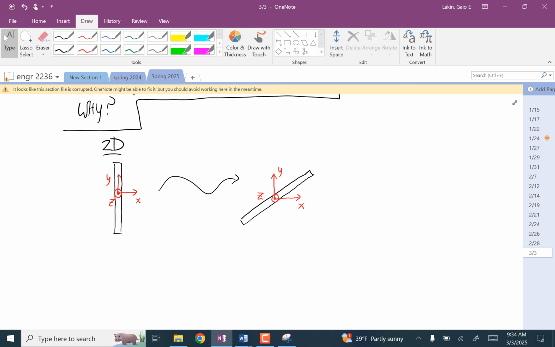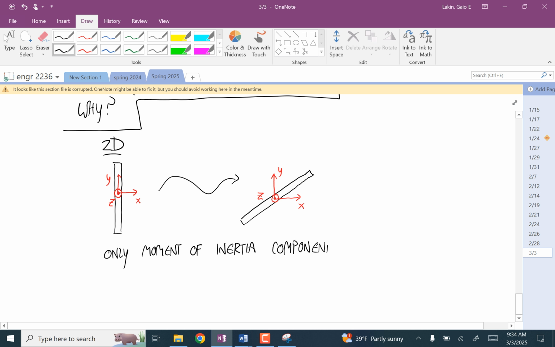The only moment of inertia component that we care about in this 2D motion is the moment of inertia about the z-axis.